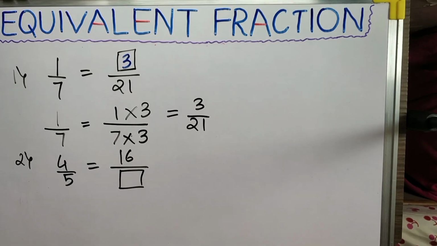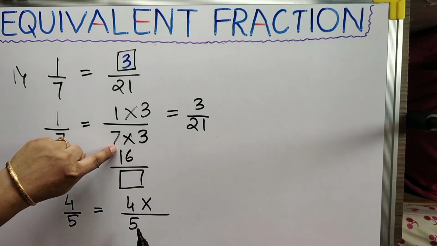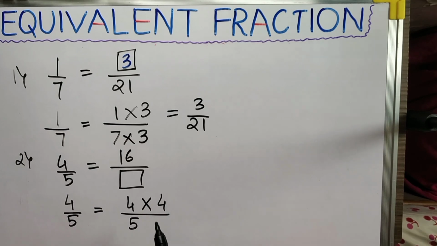Okay. Let us do the first step. 4 upon 5 would be equal to 4 upon 5, and we will multiply here by 4, since we need to make the numerator 16. And whatever we do in the numerator, we need to do the same in the denominator as well.